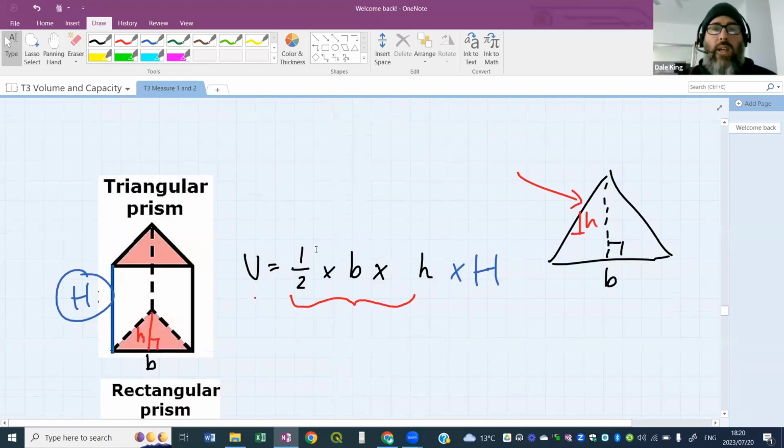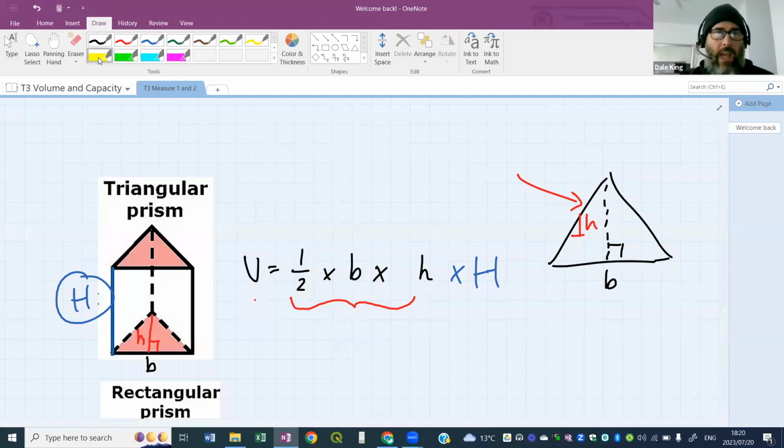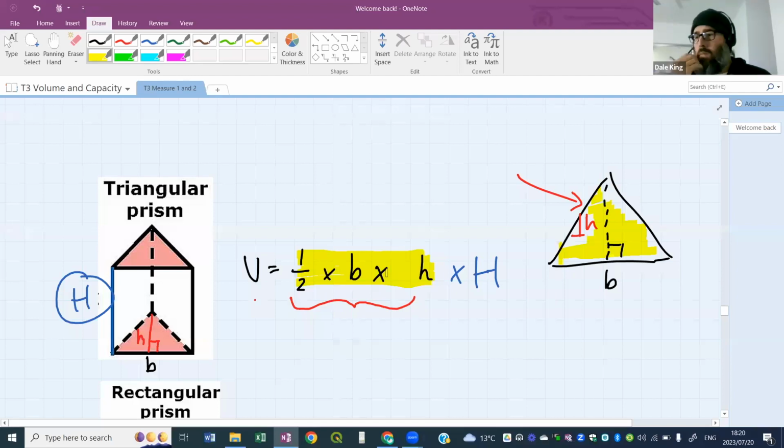All right. Triangular prism. This one can be tricky. It doesn't often come up in exams. If it does, you've got to be careful. They will give you the formula, but you've got to know which height goes where. This part that I'm highlighting is the area of the base shape, which is the triangle. You've got to know the triangle formula, which is half base times height.